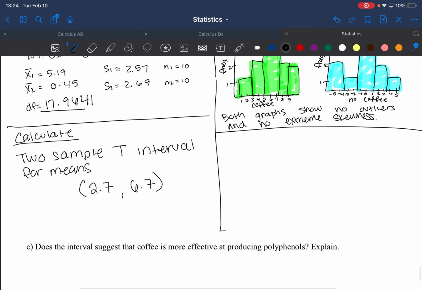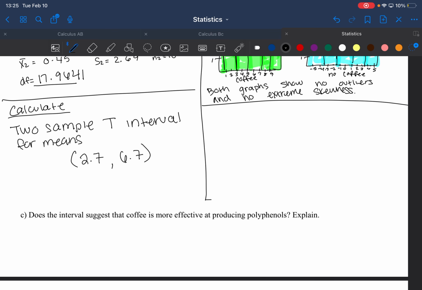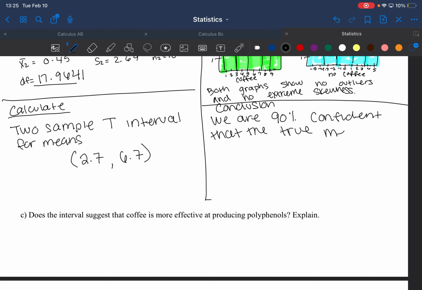So now we can write the conclusion just like we always do. We start off by saying we are 90% confident that the true, what? That the true, are we doing mean or proportion? Mean. So mean, and then since we're doing difference, we have to say difference as well.